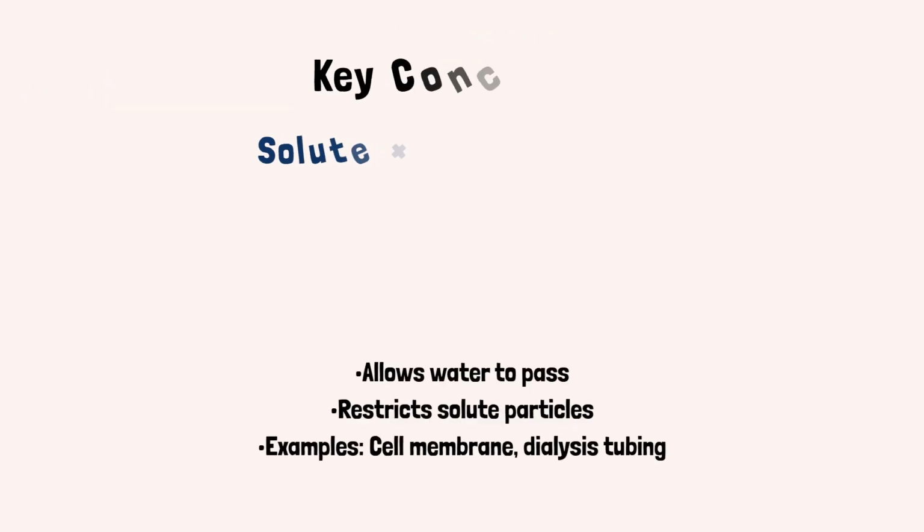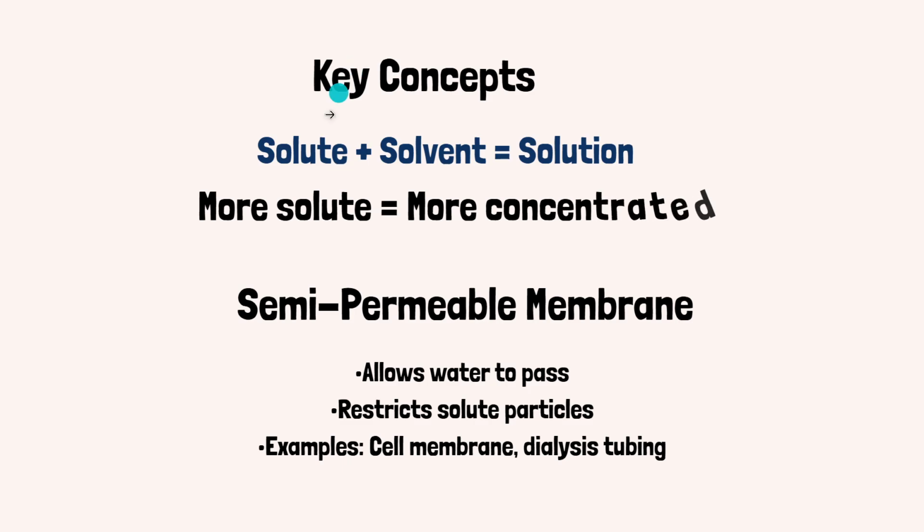So the key components here are, we know how a solution is formed. When a solute is added to a particular solvent, say when we add salt or sugar to water, it makes a sugar solution or a salt solution, right? So how do we decide the concentration? The more solute in the solution, the higher the concentration.